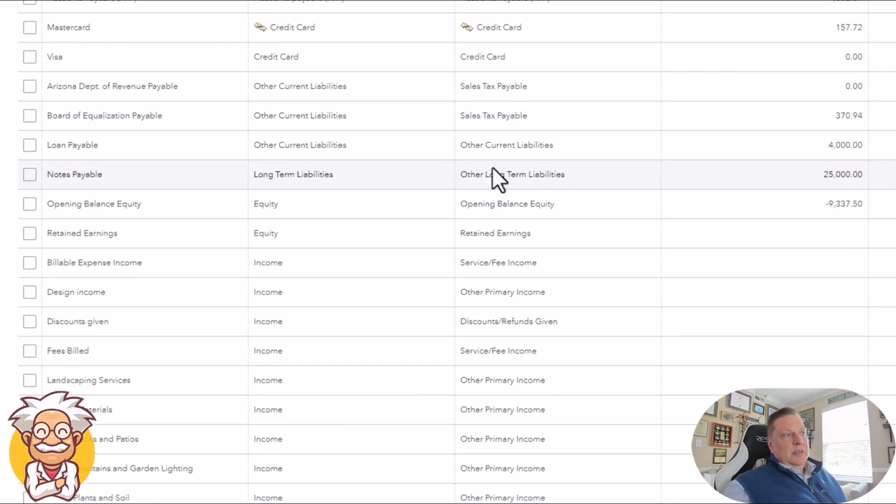Then we move on to our long-term liabilities here, where you can set up loans that are greater than 1 year. And again, this number showing up here should be your principal amount. If you are running your transactions correctly, every payment will have a principal payment and an interest payment as part of the whole amount.